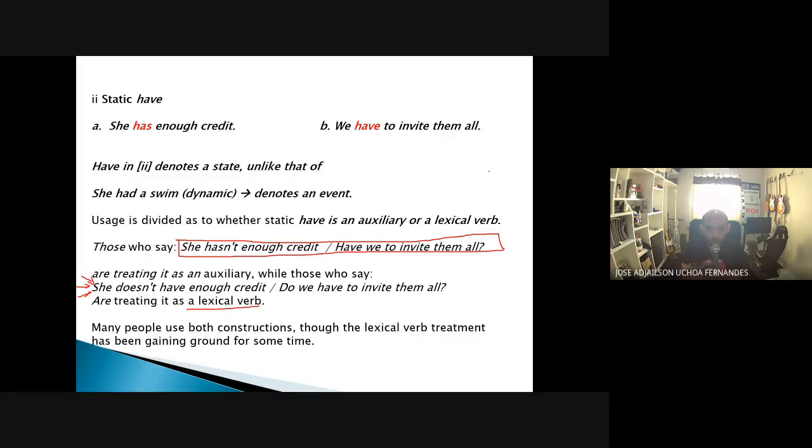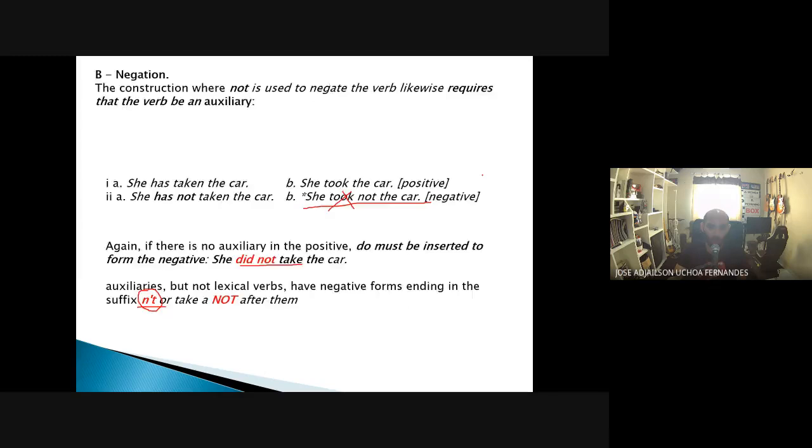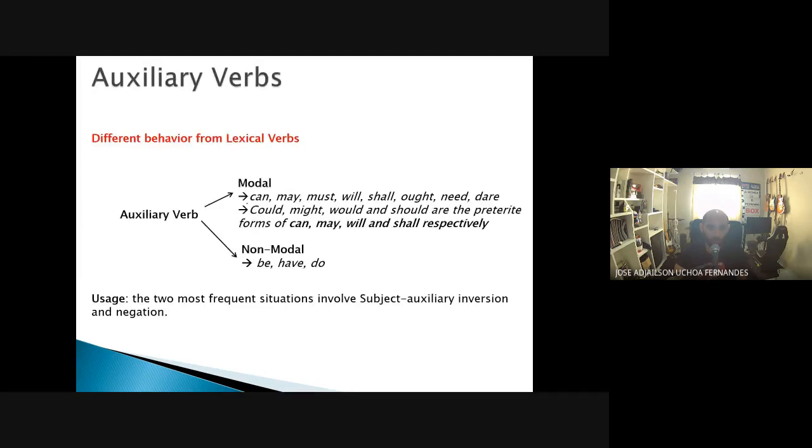these are the three auxiliary verbs that we had to treat with more detail because the other ones are the modal verbs, okay? And the modal verbs, they behave exactly the same way as I told you before. The modal ones you are familiar with are can, may, must, will, shall, ought to, need, dare, could, might. They are past versions, yeah? So basically, what do they have in common? I'd like to know if the verb is an auxiliary verb.